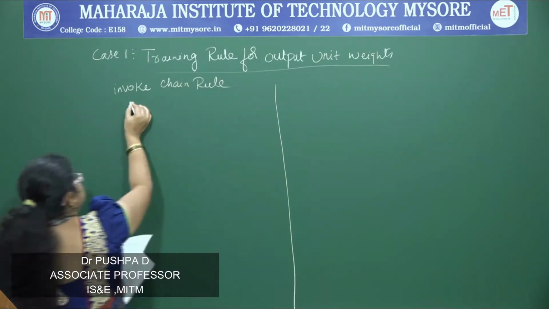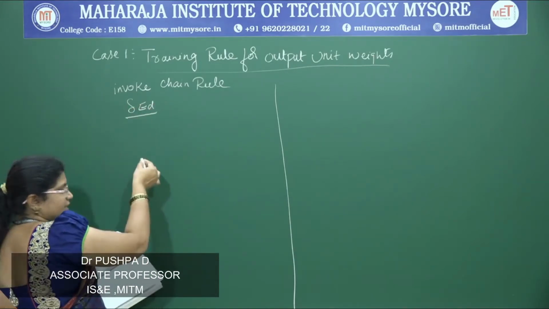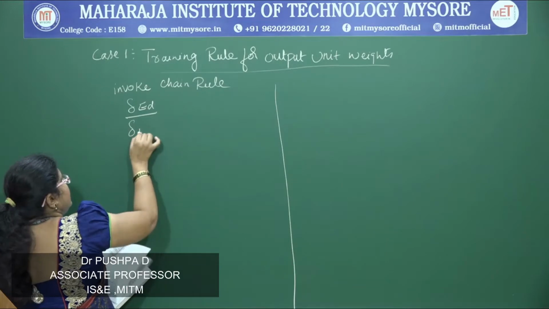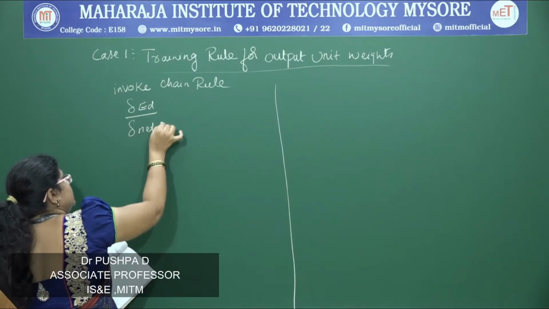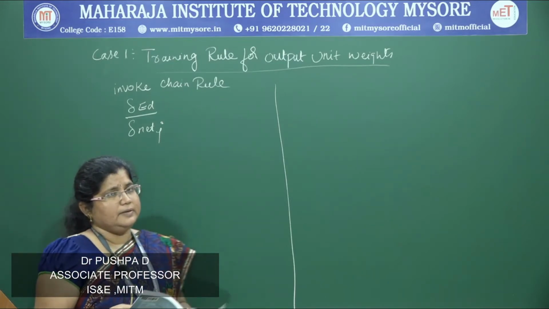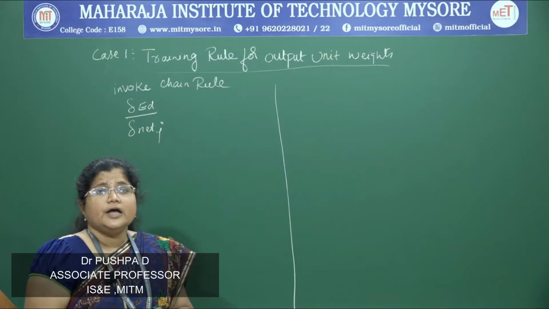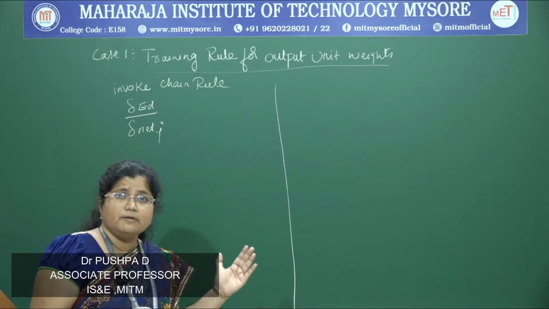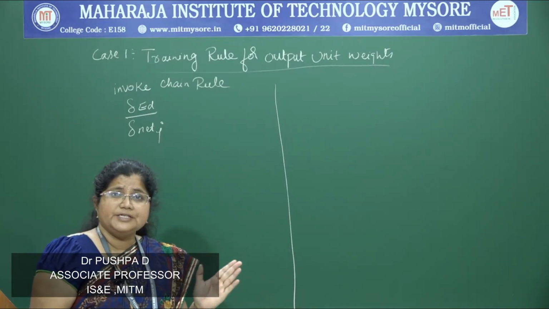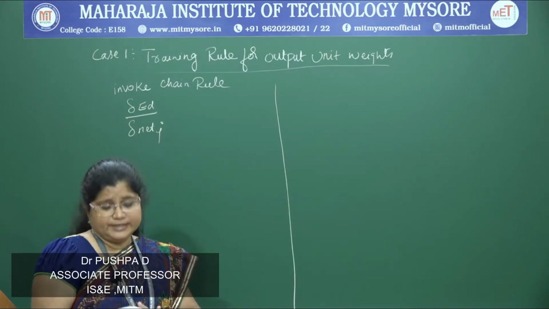We can write del Ed by del net j, where net j, as indicated in a previous class, is the summing up of all the weights from the start to the unit j.